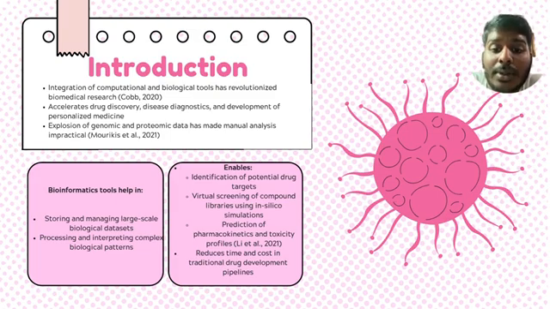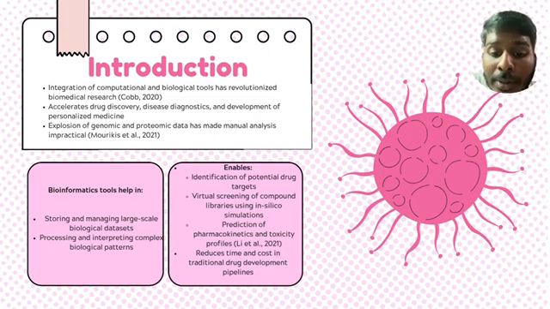Instead, researchers now rely on advanced bioinformatic tools not just to store this vast information but also to process it and uncover meaningful patterns within complex datasets. Morakit and colleagues in 2021 emphasized that this shift is essential to manage the scale and complexity of current biological research.